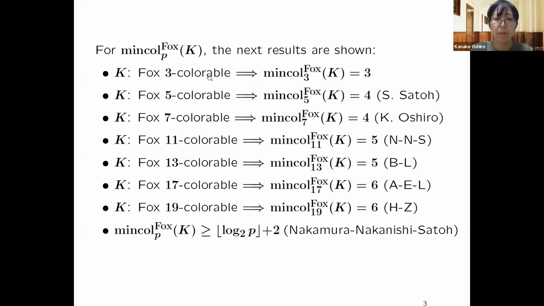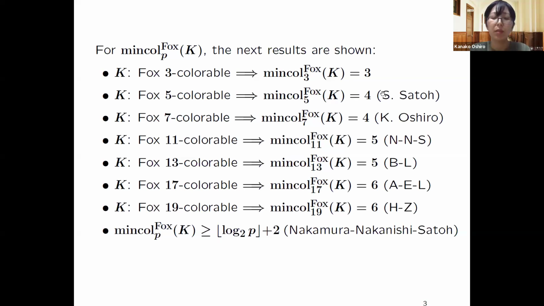And actually, there are many studies about the minimum number of Fox p-colors so far. So I'd like to show the previous results here. When p is a prime number less than or equal to 19, the minimum numbers of Fox p-colors are uniquely determined like this.